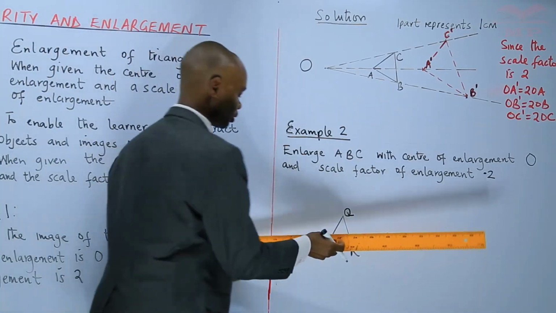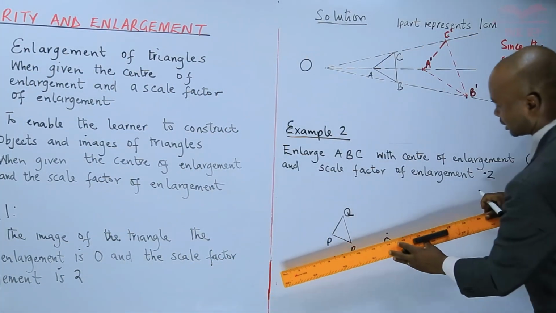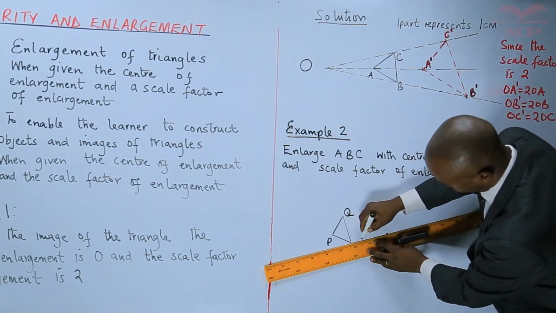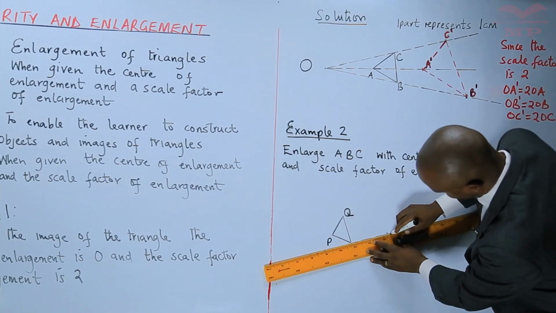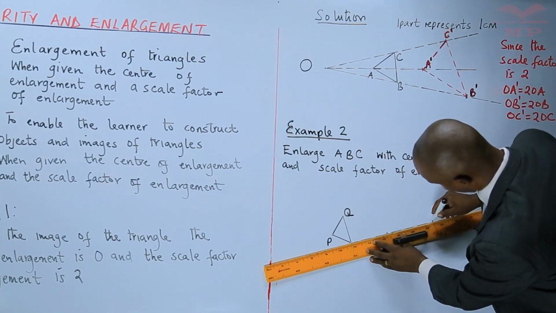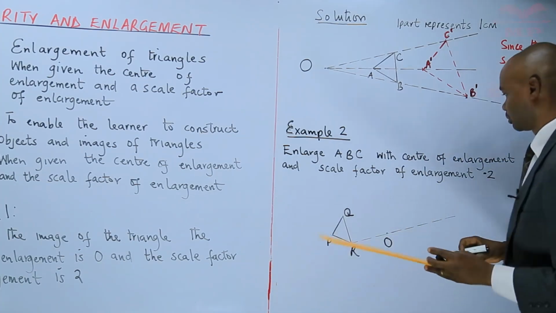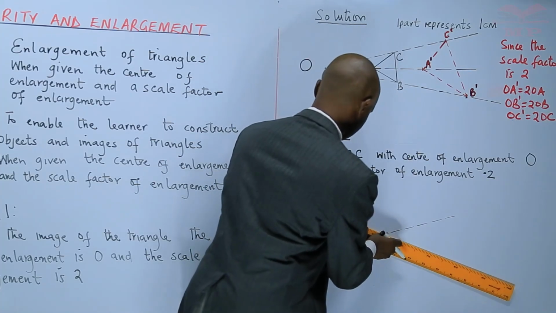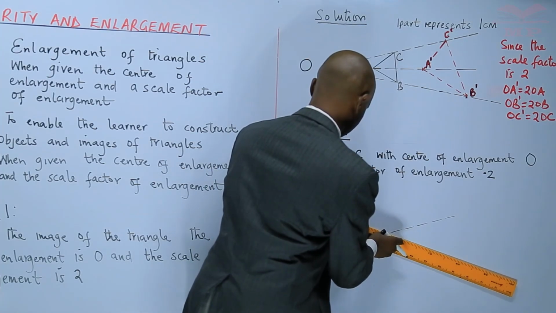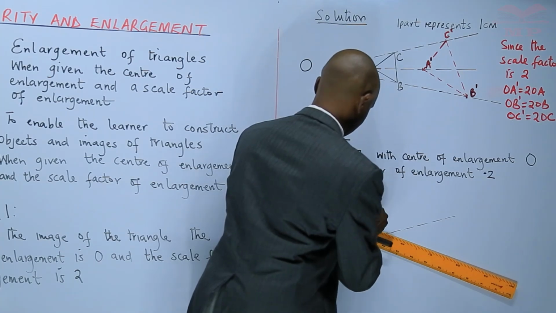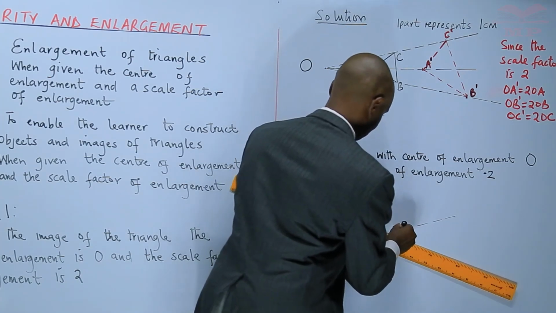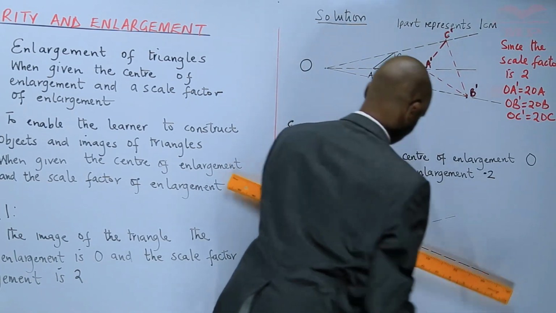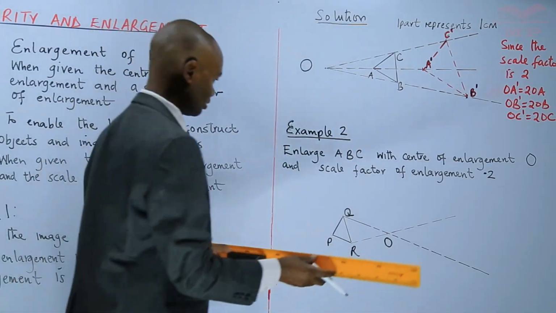So as usual, you prolong lines from each vertex to the center of enlargement. Still have P.